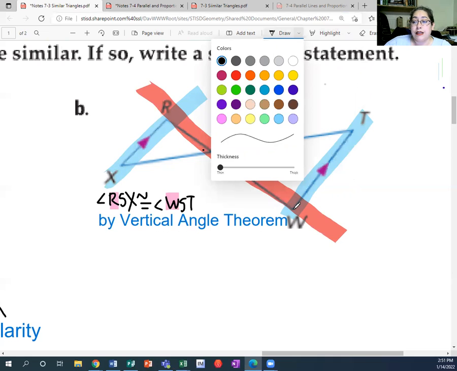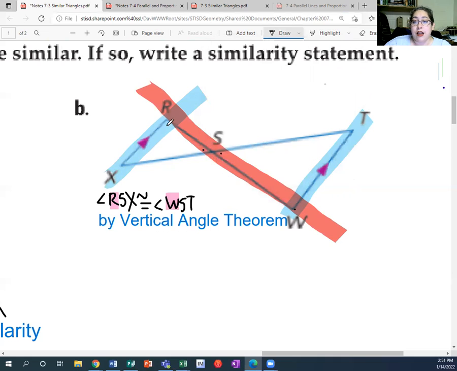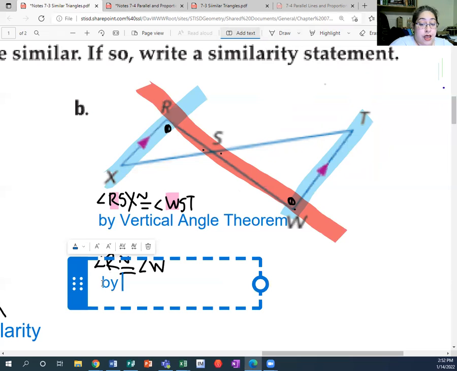Well, now that I've created this little setup right here, I noticed that right here at R and right here in W, I have alternate interior angles. And back in chapter 3, we had the alternate interior angle theorem that said when we have parallel lines cut by a transversal, these alternate interior angles are congruent. So that's going to be my reasoning.